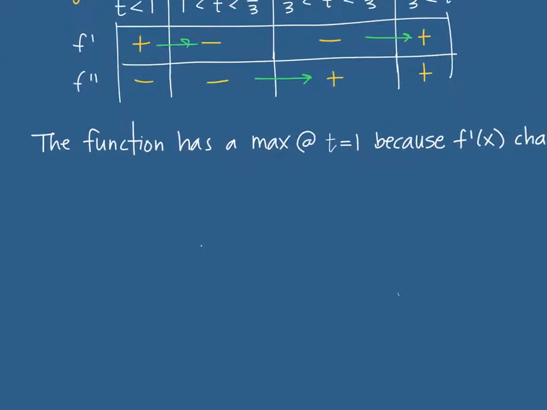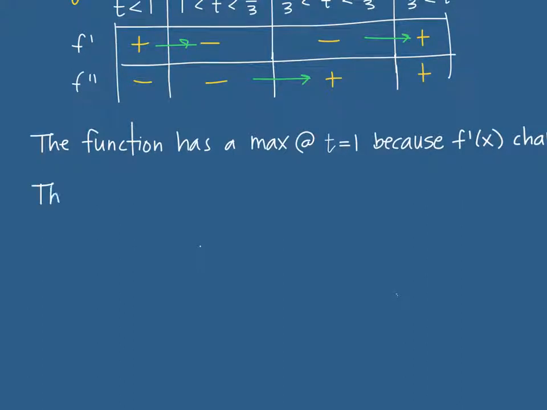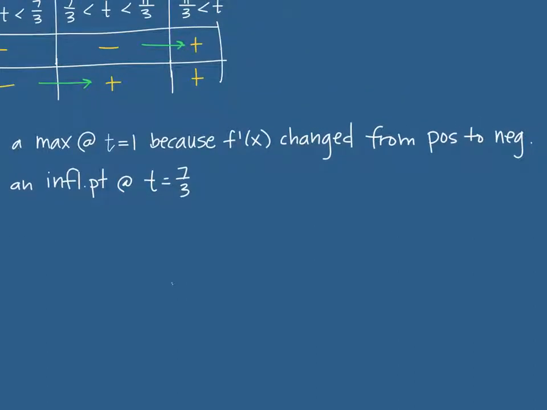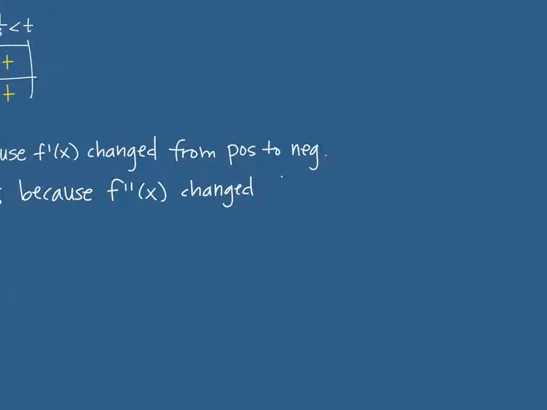The function has an inflection point at t equals 7/3. Because, and the reason for this one is going to be based on what the second derivative is doing, because f double prime of x changed from negative to positive.